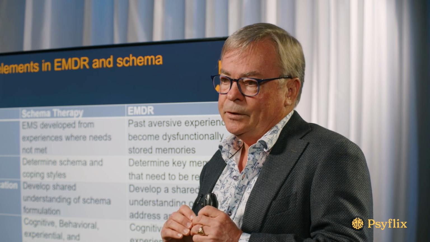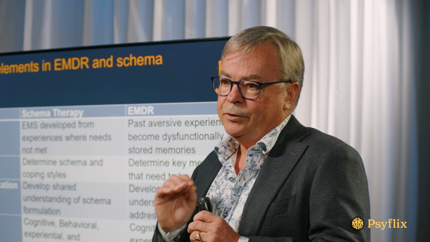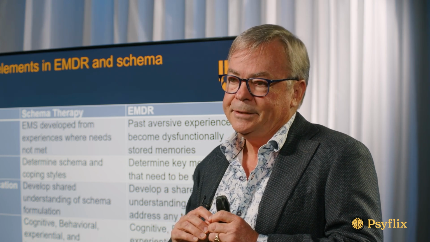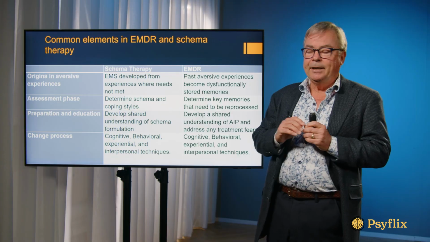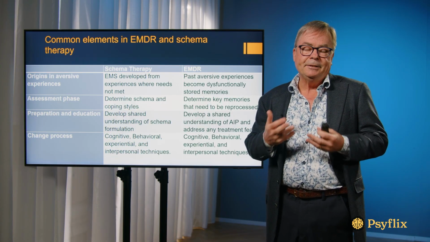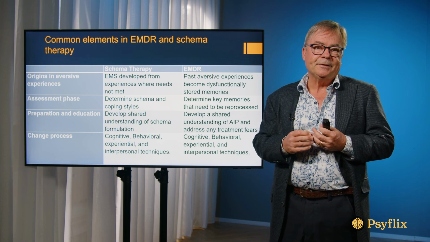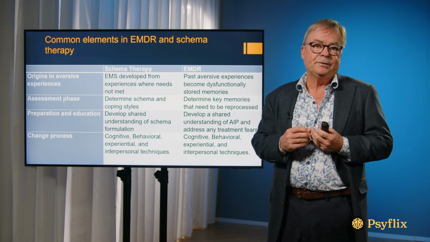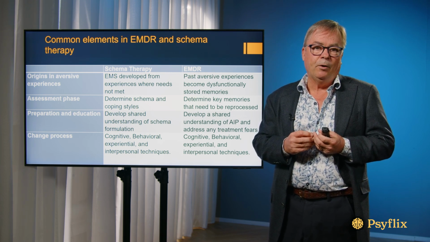It particularly focuses on experiences where the child's core needs are not being met. Similarly, EMDR focuses on assessing the past aversive experiences that are dysfunctionally stored in the person's memory network.